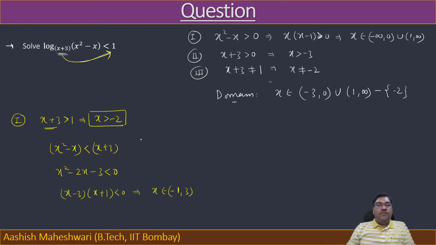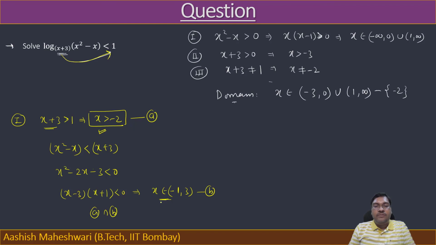Now this is the solution only under this condition. That means we can accept only those values of this which satisfy this condition. Okay, so now we can clearly see what is A intersection B. Why are we taking A intersection B?